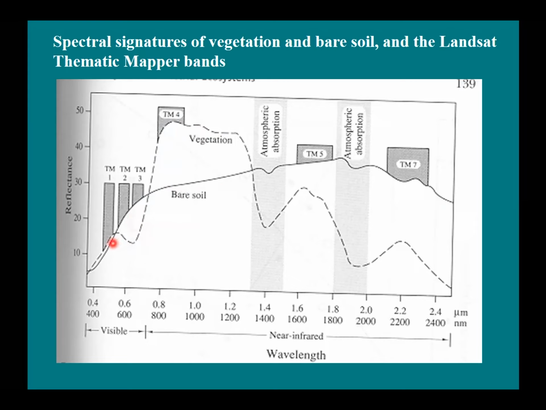But just to orient you, the thematic mapper bands would be blue and green and red, and these are 3 near infrared bands, and then there's also a thermal band that's out in the longer wavelengths. So there are ways of distinguishing vegetation from bare soil using the near infrared and the red wavelengths.